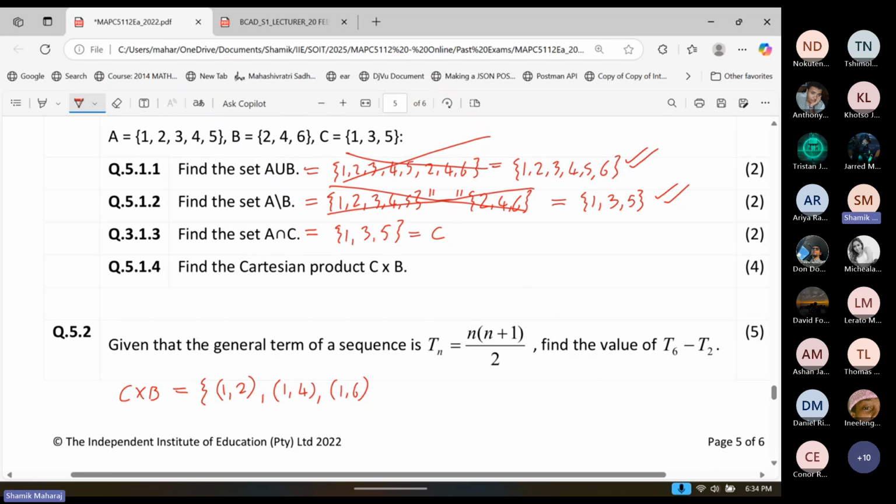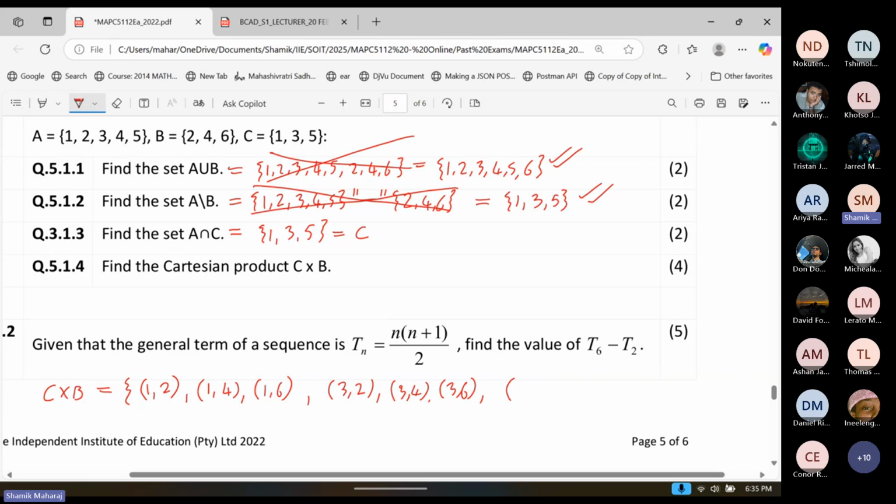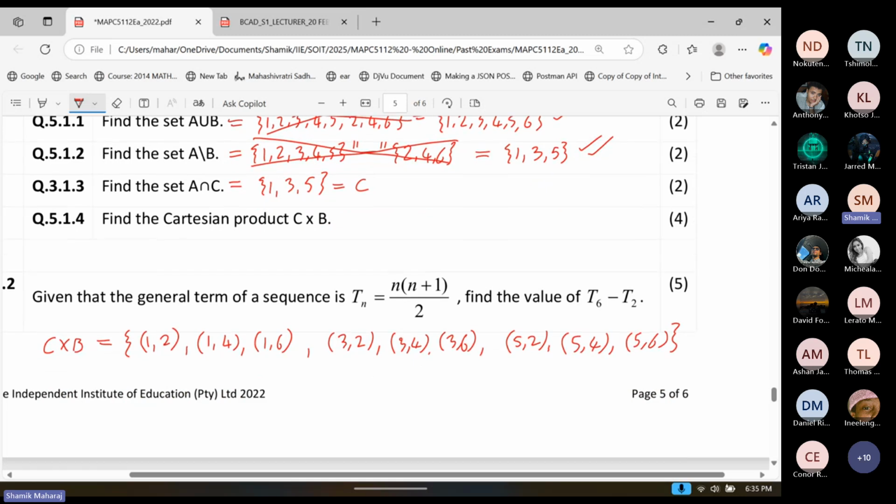That's for the first element of C. Then for the second element of C, which is 3, I do the same thing with B: 2, 4, and 6. Then the same thing for the last element of C, which is 5: I write the 5, then I cycle through B: 2, 4, and 6. And that's it. That's all you have to do for 4 marks. You just have to memorize that method.